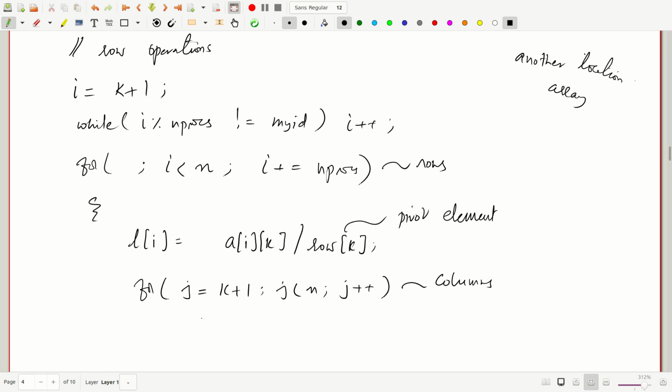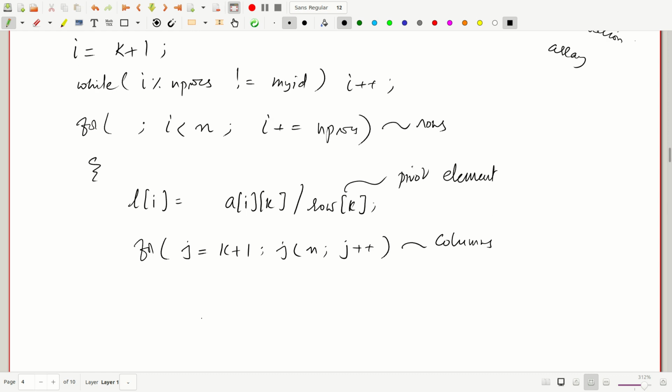Now for j equals k plus 1, j less than n, j plus plus, what do we have? We have to do A of ij equals A of ij minus L of I times row of j.